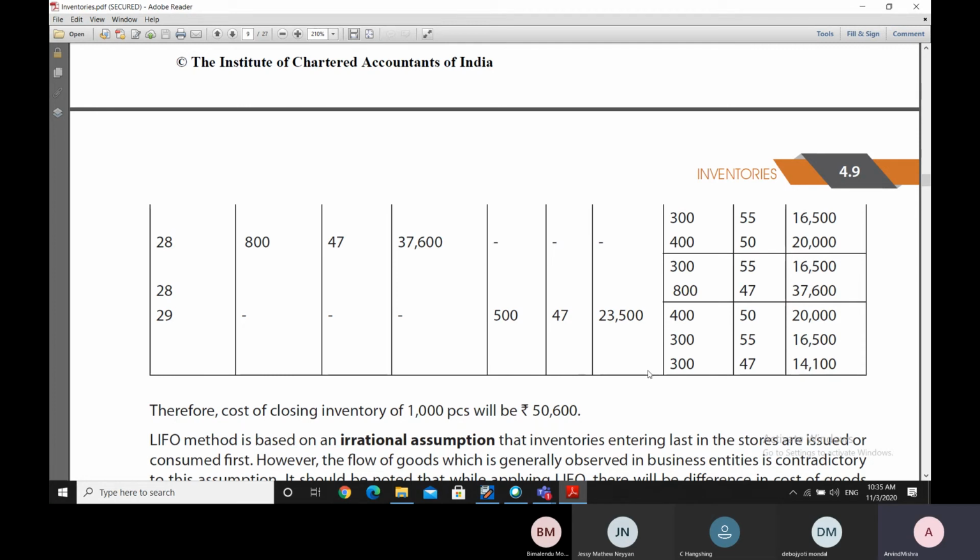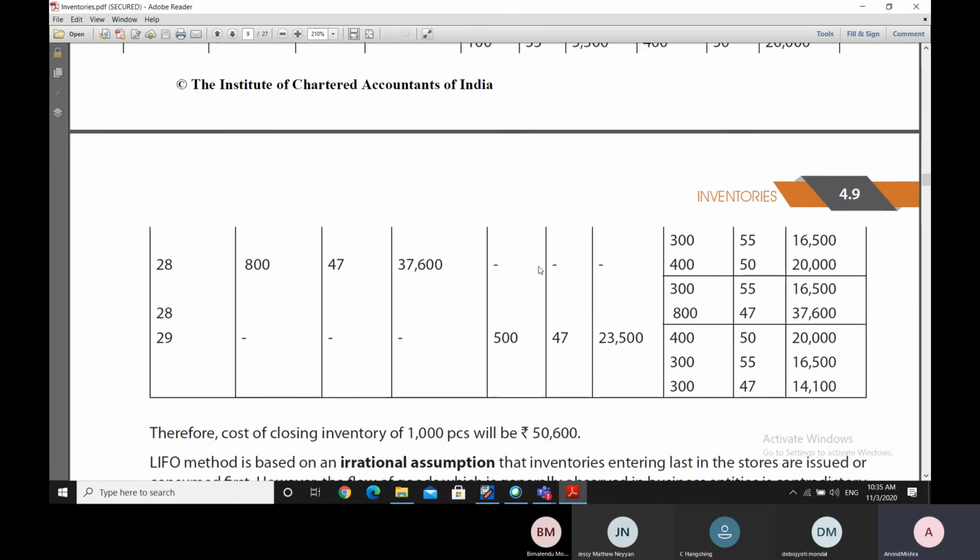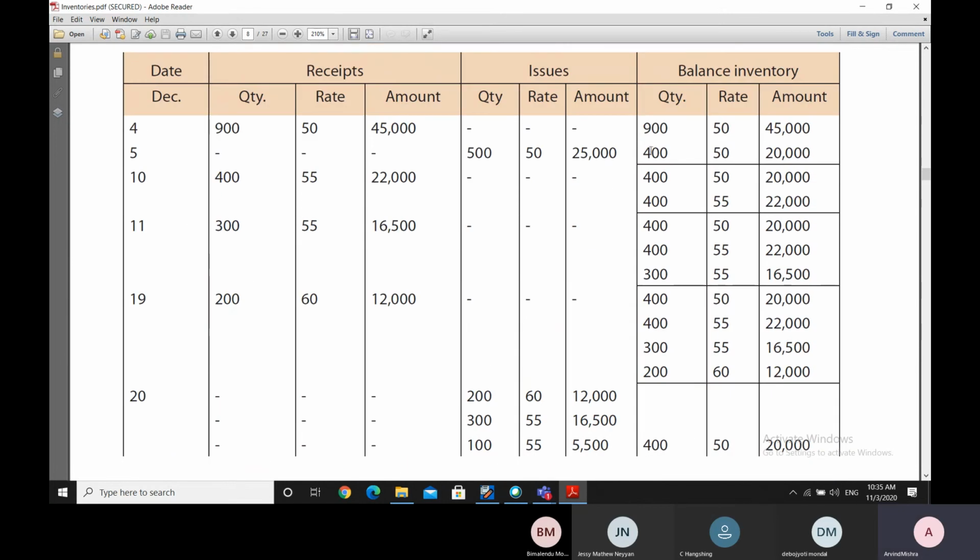We are going on reducing, and thereby finally we say that our cost of the closing inventory of 1,000 pieces will be 50,600. Because here what we are doing is that we are taking the balance inventory, and when we reduce it, we are taking the amount also. So 900 at rate 50 have been received.